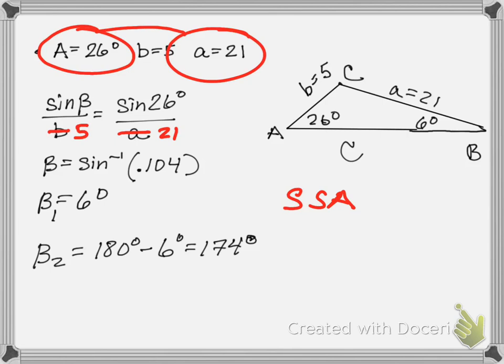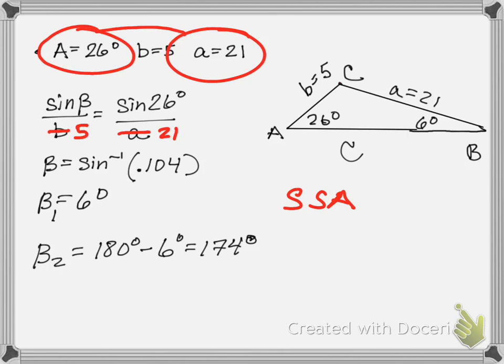And you can look at that over here, look at the triangle that's given, and you can see this is my side A here. There's no way I can bring that around to make a different triangle. It doesn't fit. So there is only one case.